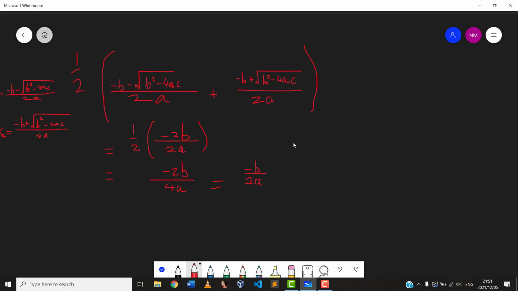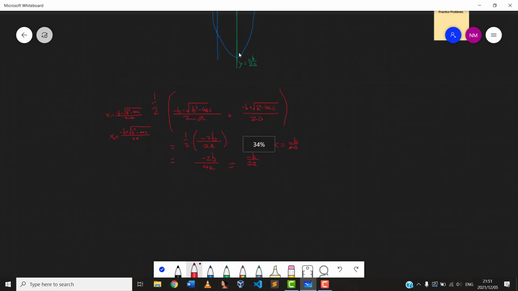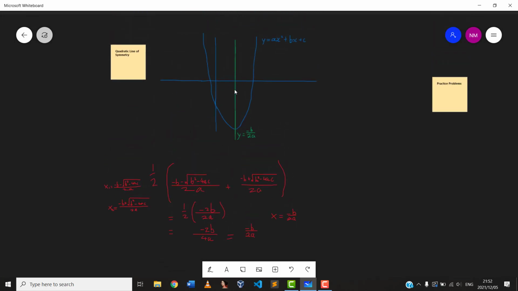So x equals minus b over 2a. That's basically the x value for the midpoint right here.